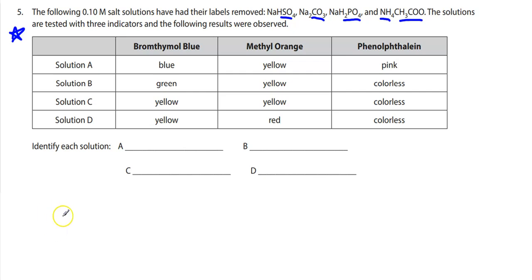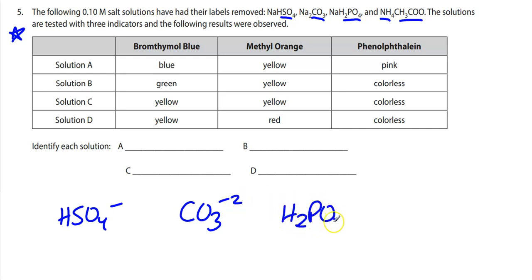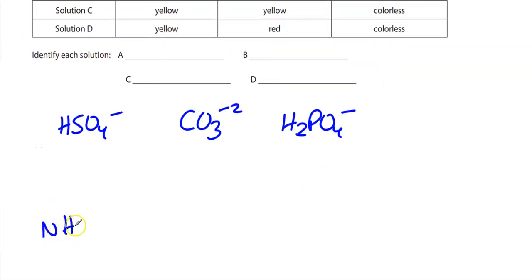Okay, so let's break this down. So we know all of these are group 1. We're not really concerned with it. So we have HSO4, we have carbonate, we have H2PO4 -1, and we have NH4. NH4 is a little bit of a different beast.